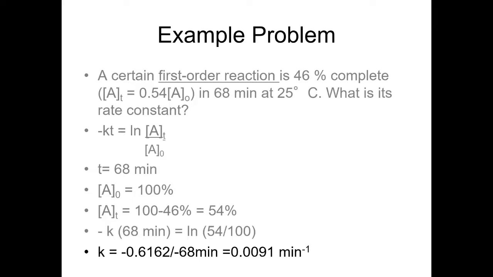Okay, so we have a negative number, but we need to get K by itself. So we have 68 minutes, but we also have a negative in front of K. So we're going to divide by negative 68. So that negative 0.62 divided by negative 68, the negatives cancel. That's going to give us our positive number.